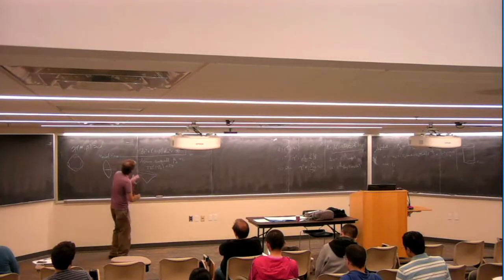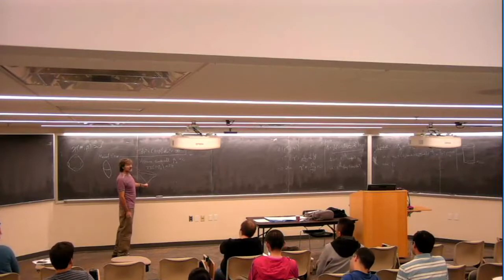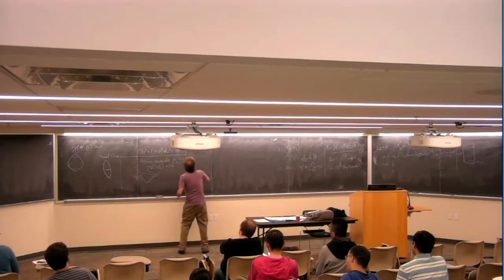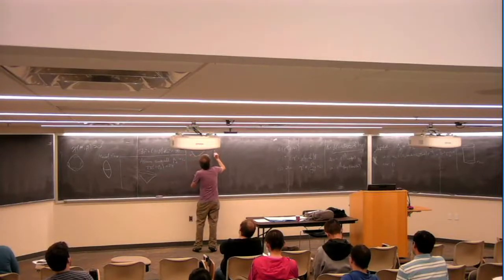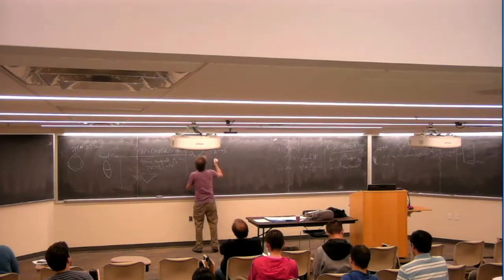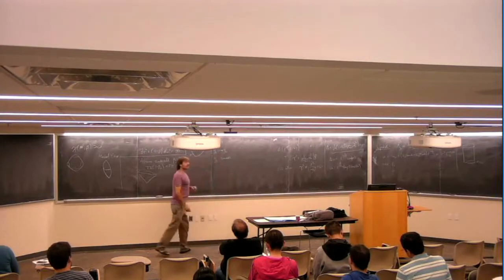Something which I could have said earlier that goes along with the fact that the curvature of a conic metric looks like a delta singularity is that I can smooth these out. If I take such a conic singularity, I can smooth out the tip a little bit, so there's a family of metrics g sub epsilon which converge to g0, and each of these g sub epsilon is smooth.